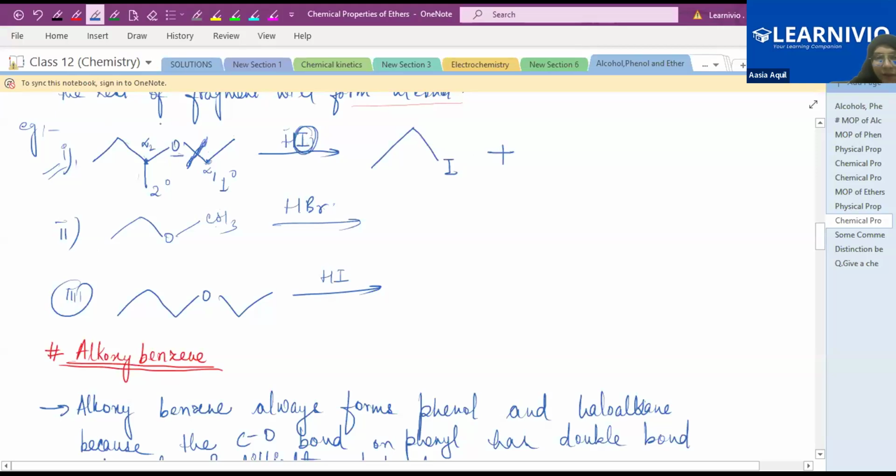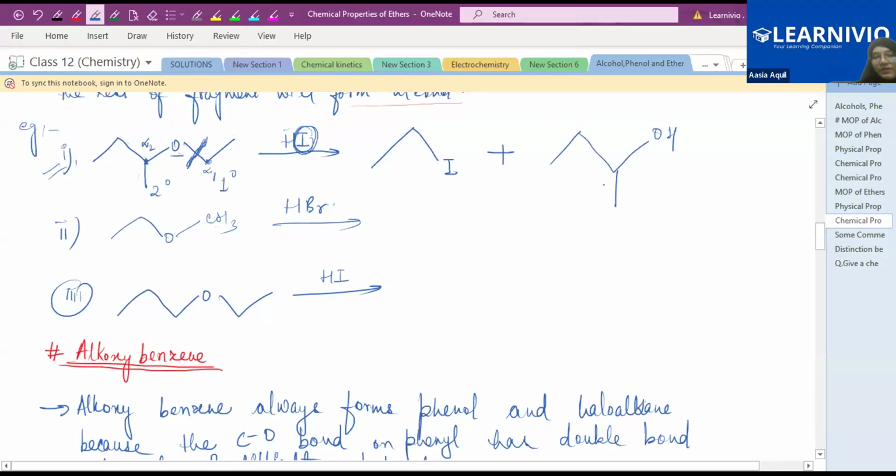In the remaining fragment, hydrogen will get attached to this oxygen and it will form an alcohol. So you will get a secondary alcohol plus your primary haloalkane.